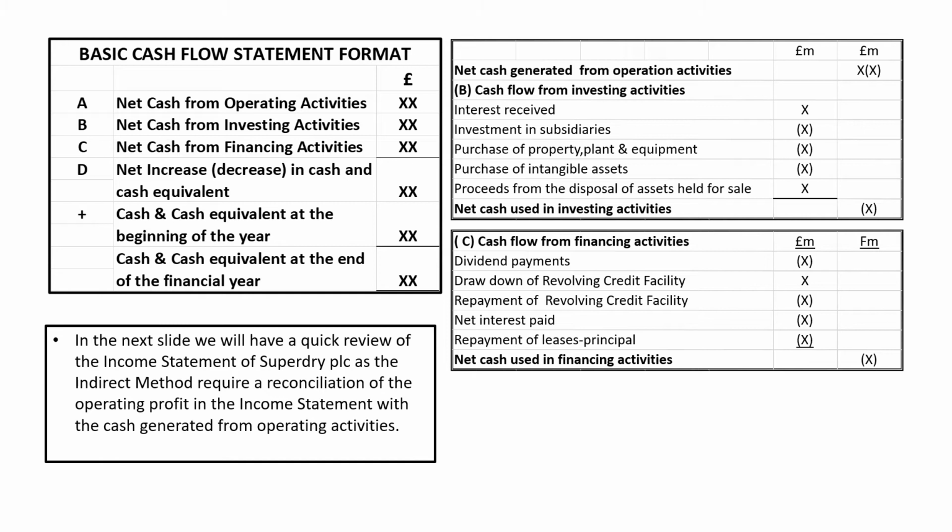In the next slide, we will have a quick review of the income statement of Superdry plc, as the indirect method, which is the way we compute the cash from operating activities, requires a reconciliation of the operating profit in the income statement with the cash generated from operating activities.